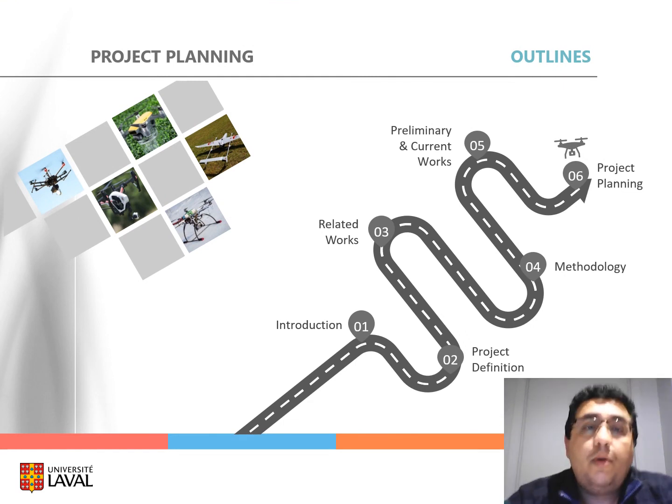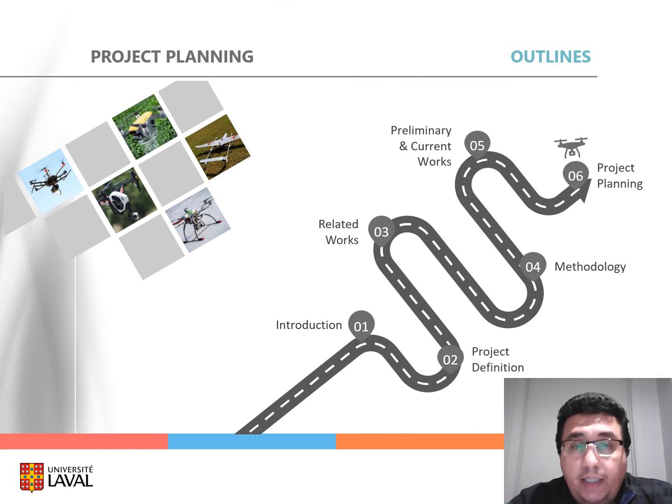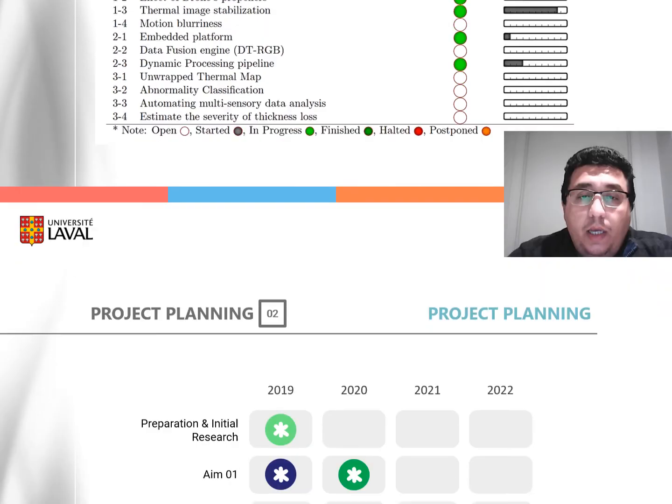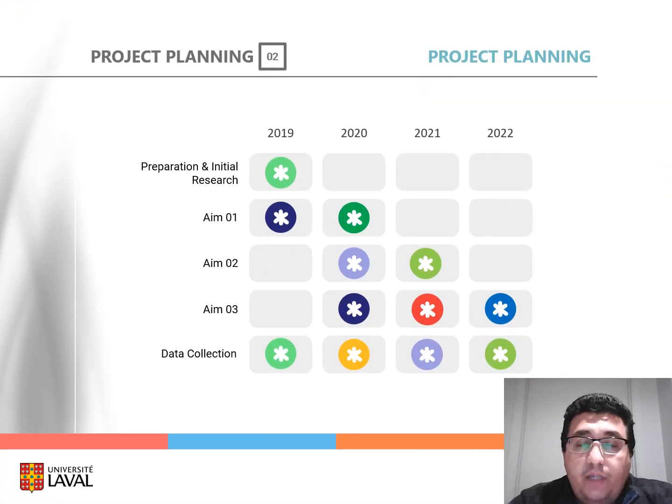The next section is project planning. Here you can see the current progress of the courses, milestones, and the objectives of this study. Also, we have the time distribution based on the defined aims of this study.